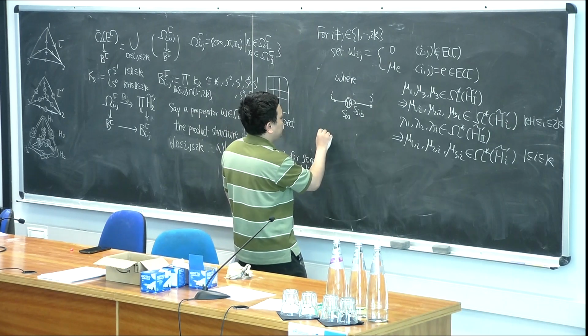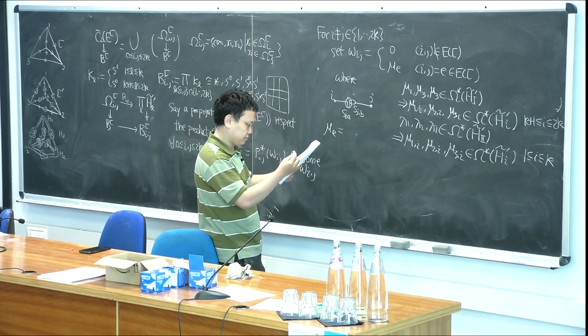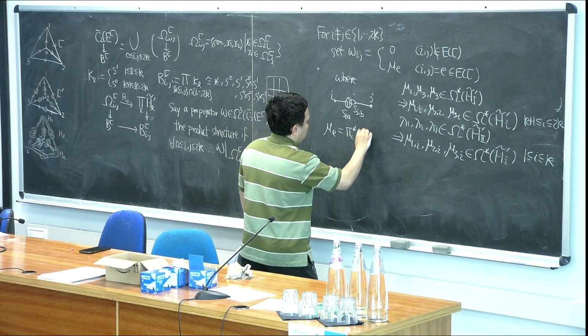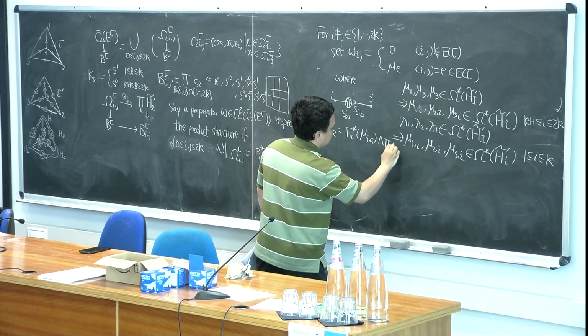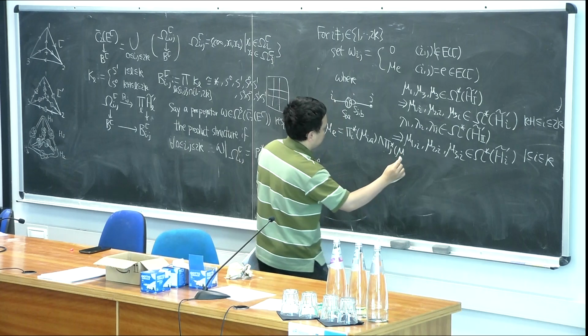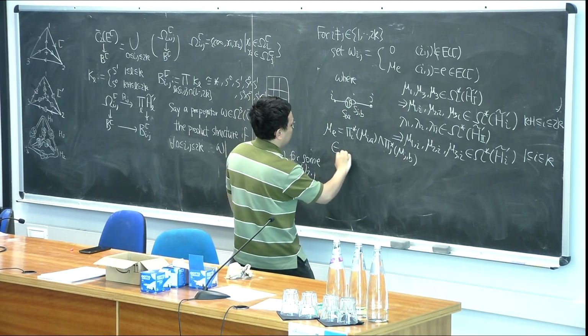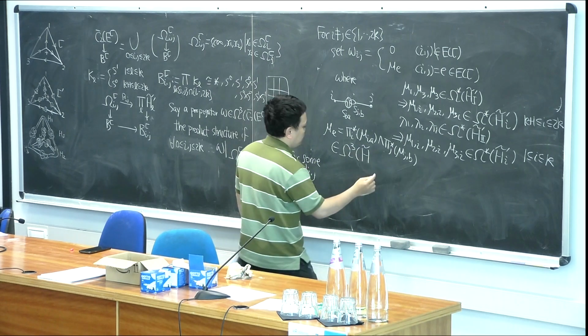And how do we define mu e? Mu e is just a pullback: pi i star mu ia wedge pi j star mu jb. So this is a differential form, always a 3-form on this product handle body.